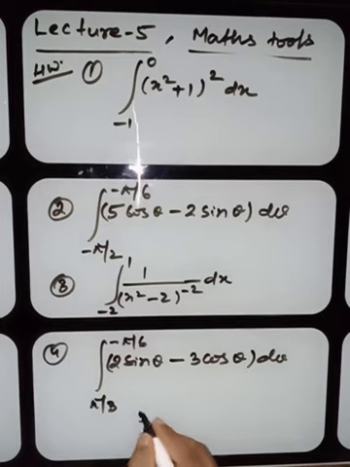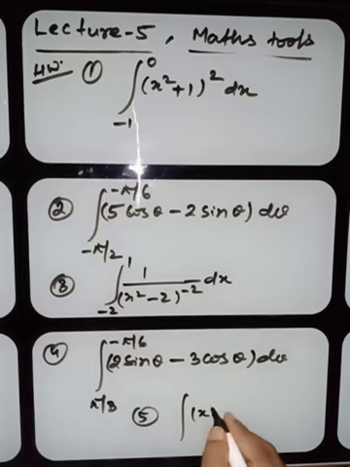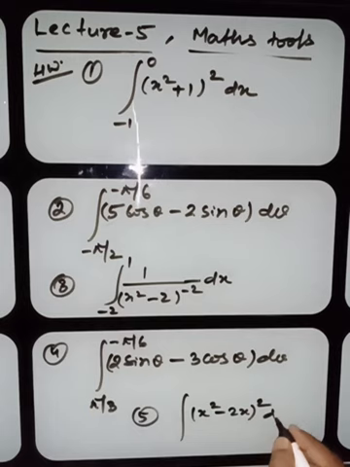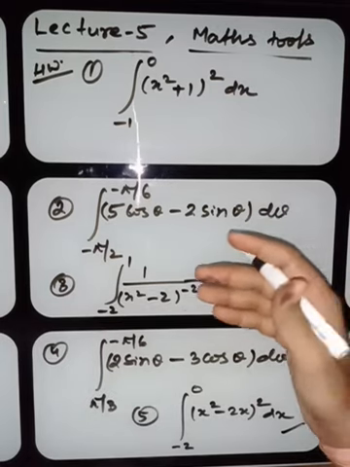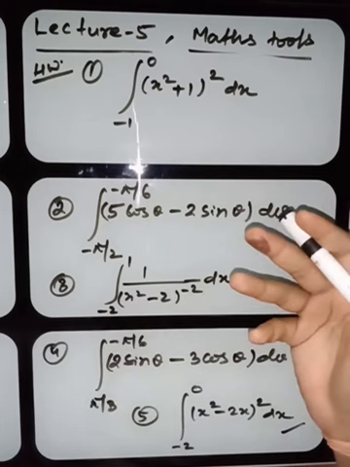Okay, and the last one, the fifth one: x square minus 2x, okay, whole square dx from minus 2 to 0. Okay, so this is the fifth homework finished, and we have successfully completed the mathematical tool of integration, how you have to use it in physics.